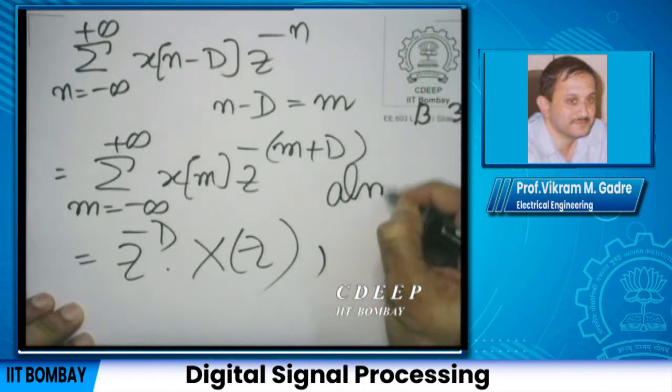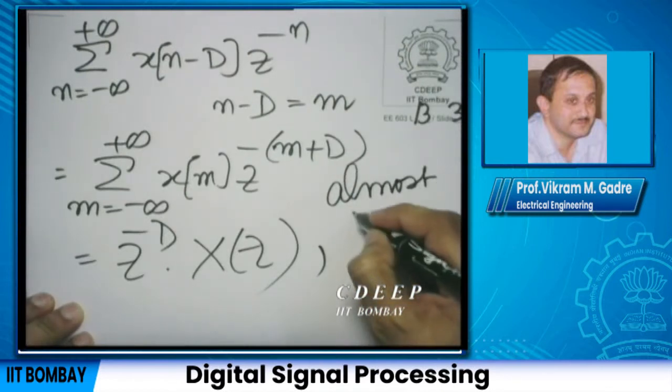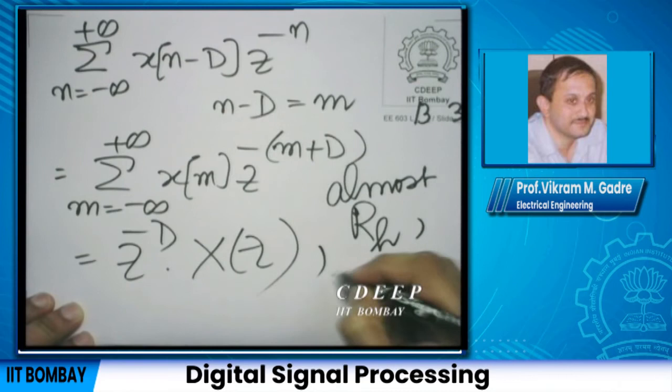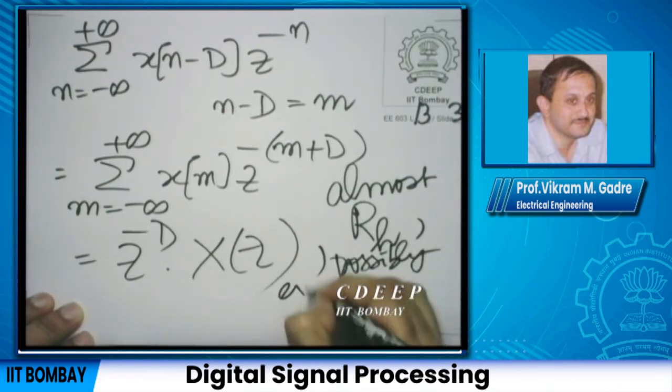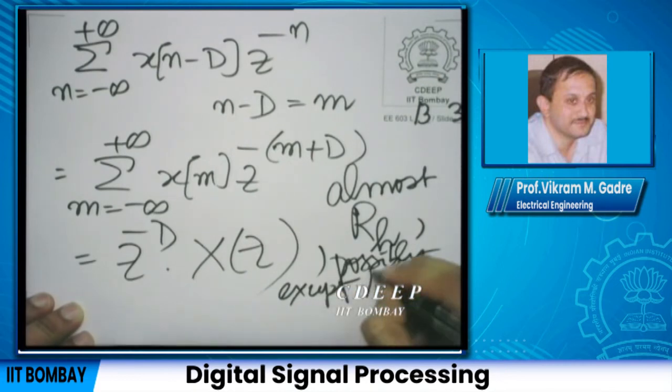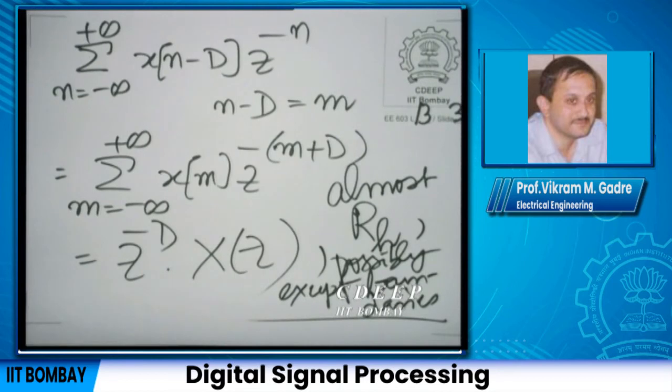So, essentially it is R_x as the region of convergence, possibly except the boundaries. The region of convergence would almost be the same, but the boundaries have to be carefully seen.